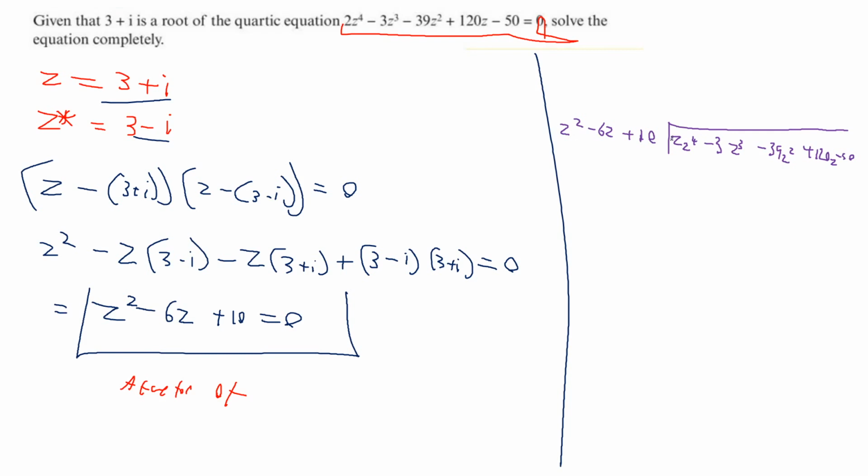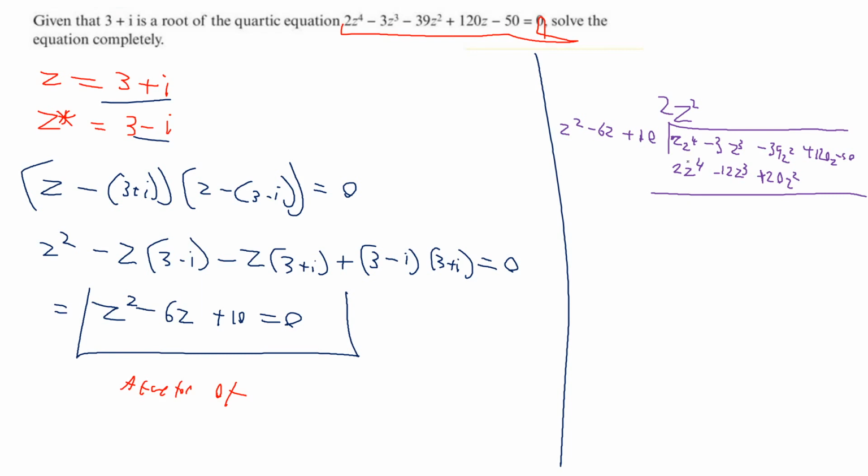How many times do we need to multiply this to get z to the 4? 2z squared times. So let's multiply 2z squared by all of this. 2z to the 4 minus 12z cubed plus 20z squared. Sorry, I meant plus 20 there.